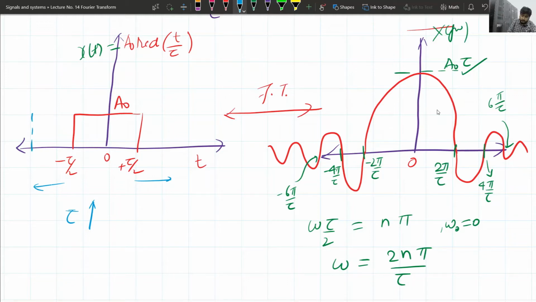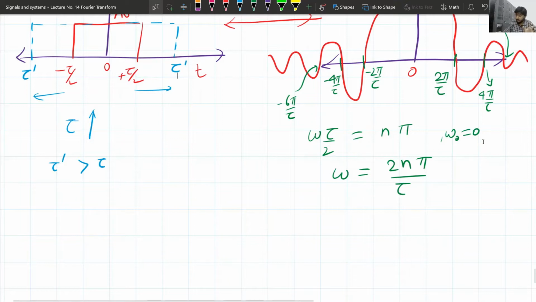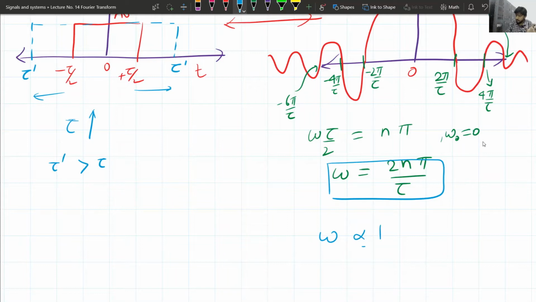Suppose it has increased to a new value, tau dash, where tau dash is greater than tau, with the same amplitude A naught. Then what will happen? Suppose we are expanding the rectangular signal in the time domain. If you look at this relation, you can see omega is inversely proportional to tau. Then if tau is increasing, omega must decrease.